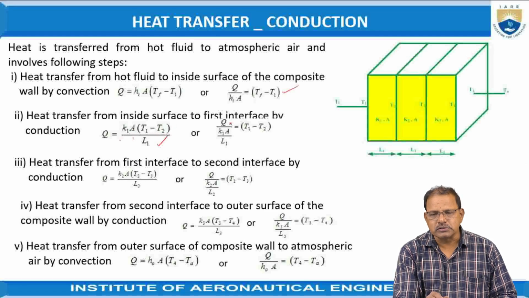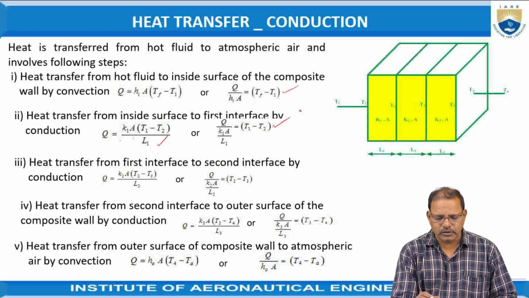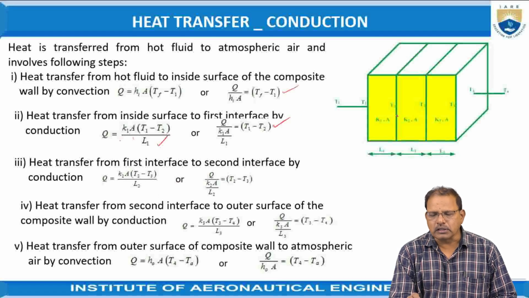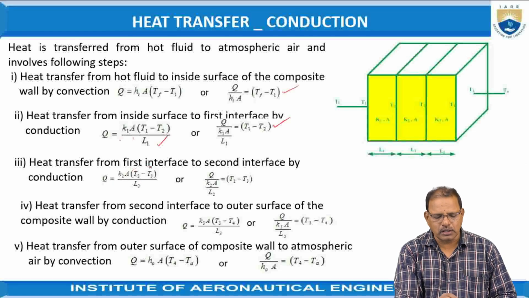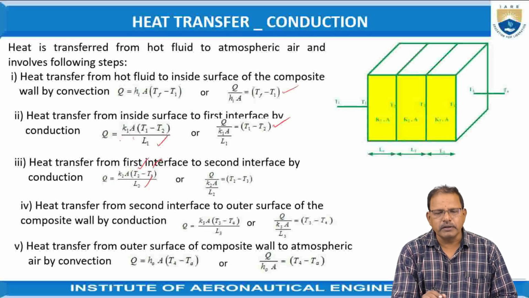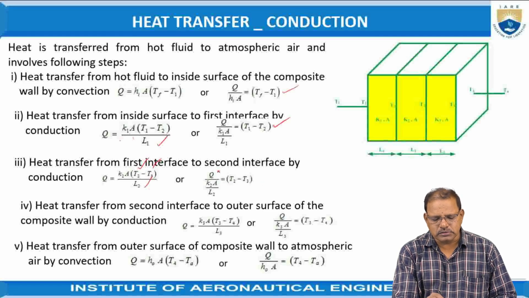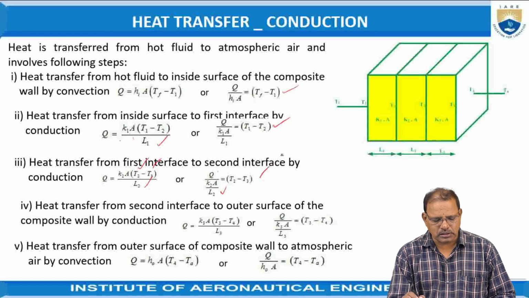By using this relation, Q divided by K1 A divided by L1 is equal to T1 minus T2. Similarly, from the second block to the third block, Q is equal to K2 into A into T2 minus T3 divided by L2. It can be written as Q divided by K2 A divided by L2 is equal to T2 minus T3.